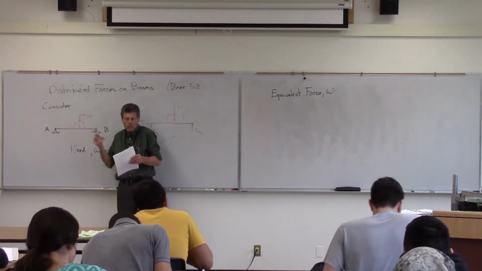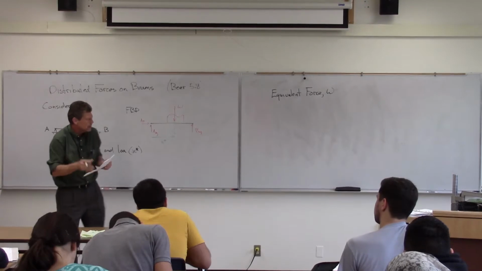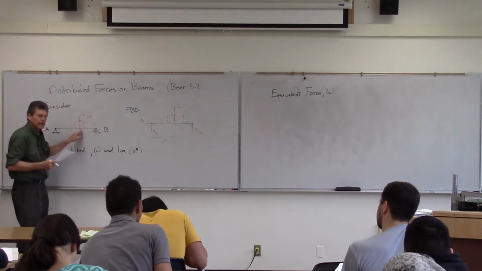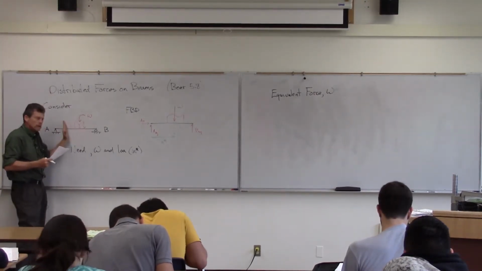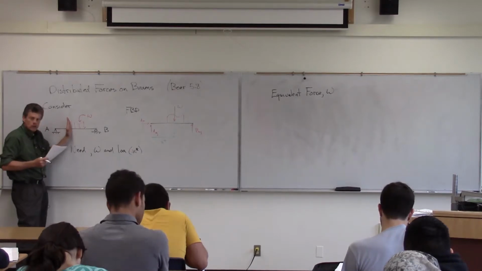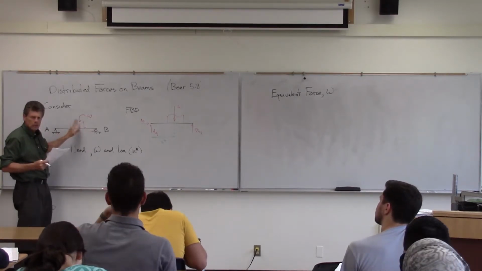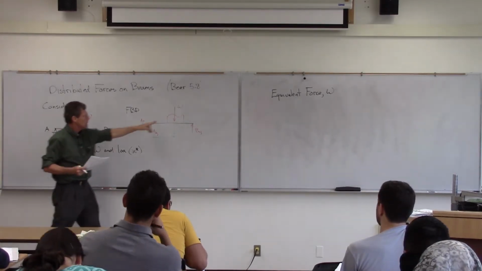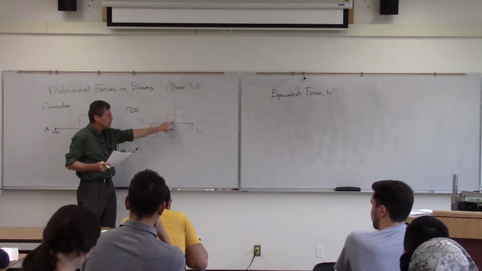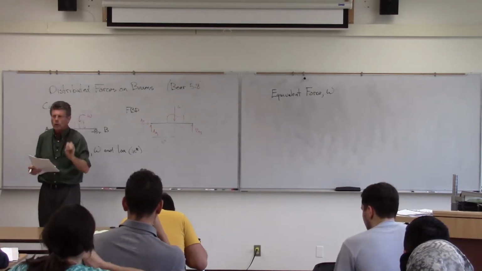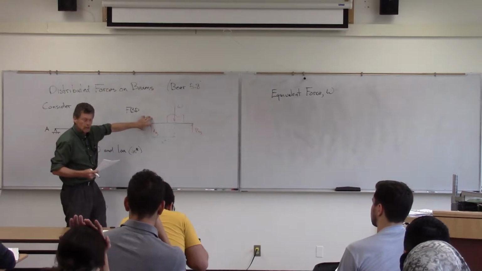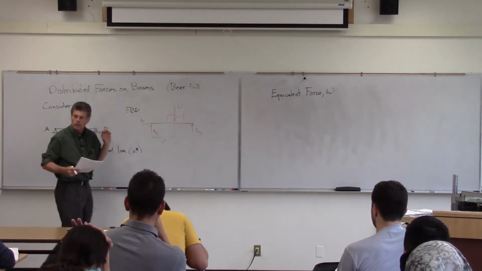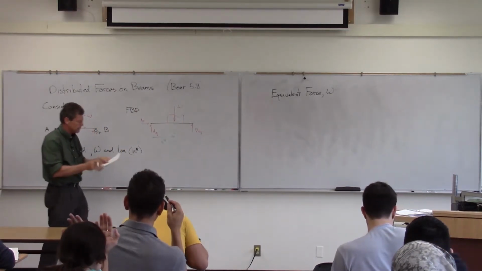It's distributed there. And when you start thinking about mechanics of materials and you're going to be looking at bending and stresses here, it's going to be important to know how much is here, and that sort of thing. So it's distributed across that length there. It doesn't exist as a concentrated load. But we are going to create an equivalent force to be able to then calculate these external forces of that rigid body.